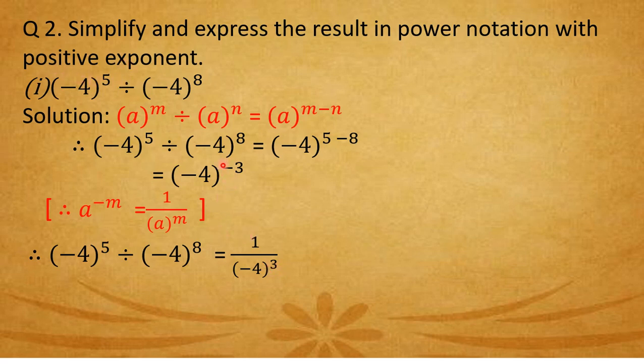So in this minus 3 we have converted it to power positive 3. So we can say now the answer for minus 4 to the power 5 divided by minus 4 to the power 8 is equal to 1 upon minus 4 to the power 3.